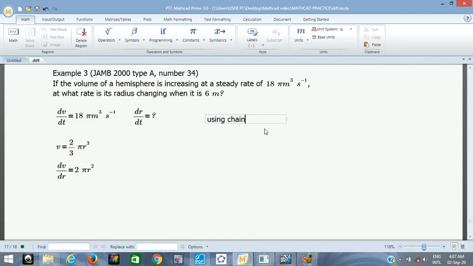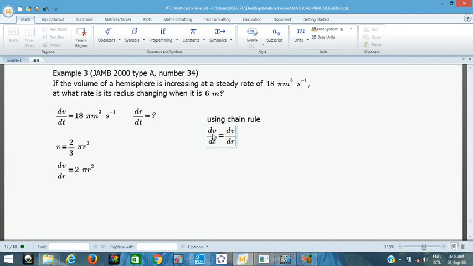You must check that something should be able to divide so that you will not make a mistake. If it's not giving me what I want, I will change it. So if I multiply dV/dr with dr/dt, will it give me what I want? Let me see if it will be equal to this.